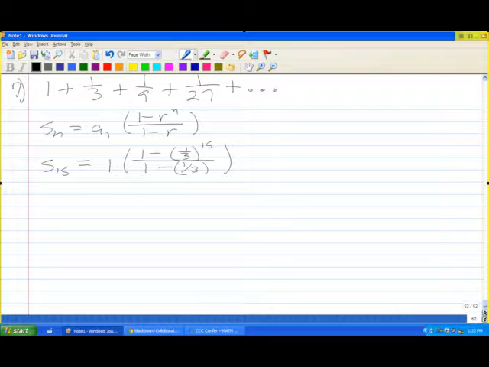So this is equal to 1 minus 1 over 3 to the 15, over 1 minus 1/3. Let's multiply by 3 to the 15 and divide by 3 to the 15.